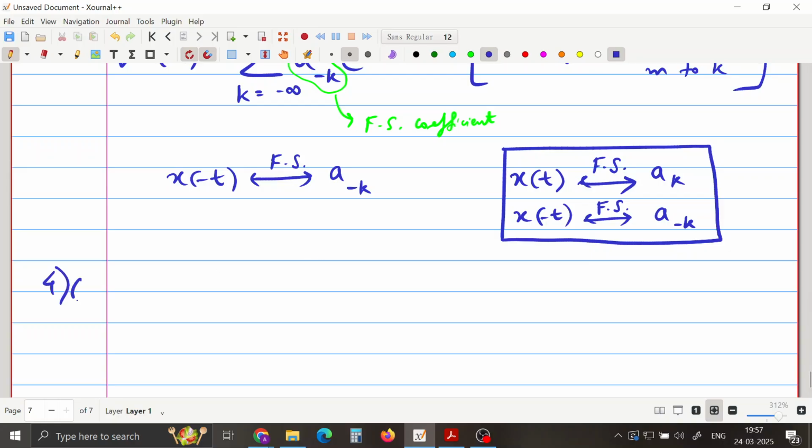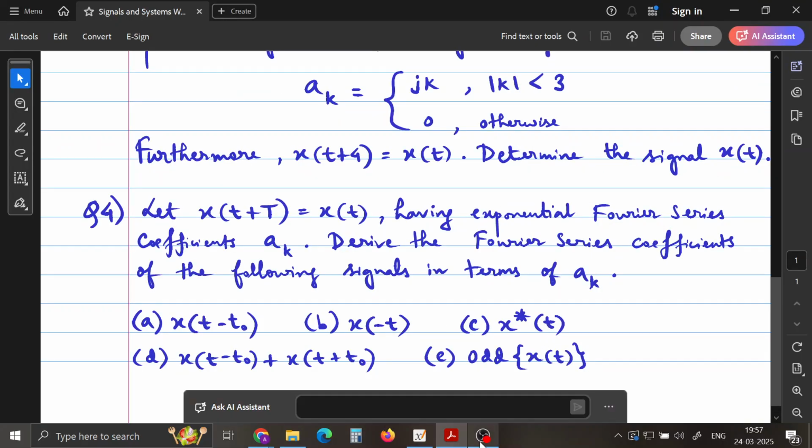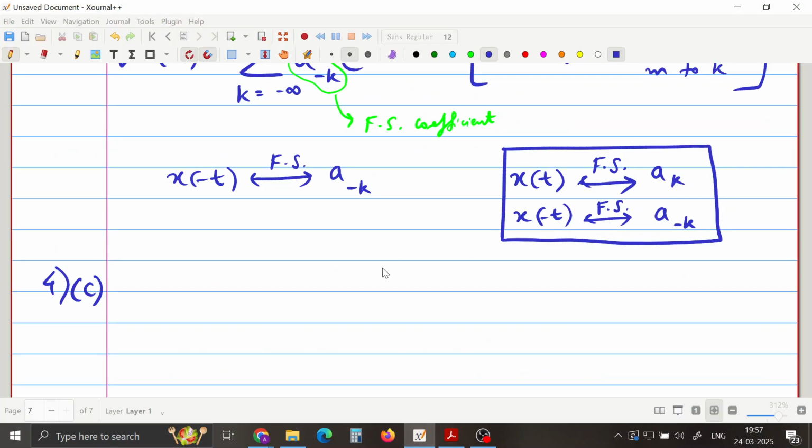now coming to our third part, part C, which is x star of t. What does x star of t represent? It is the complex conjugation of x of t. It's the same thing as you do for a complex number.